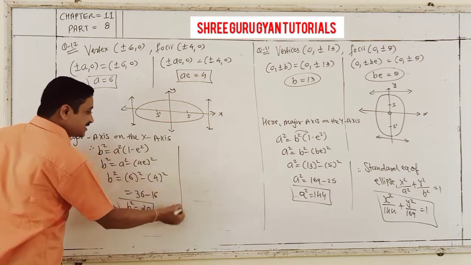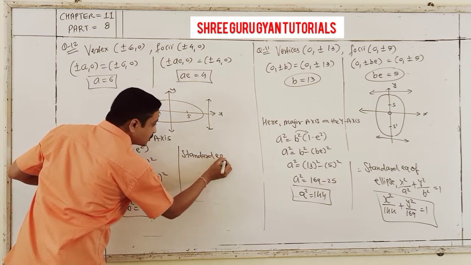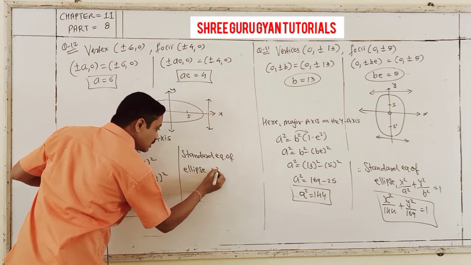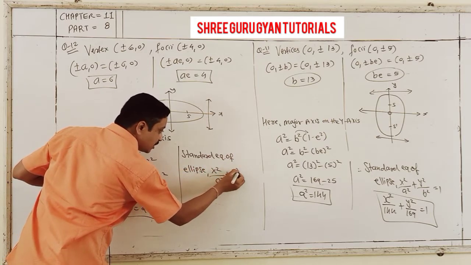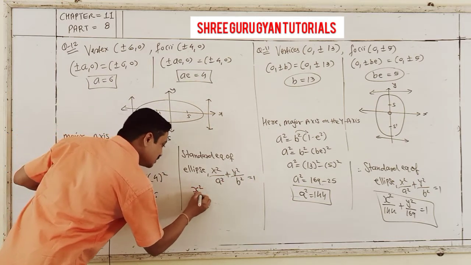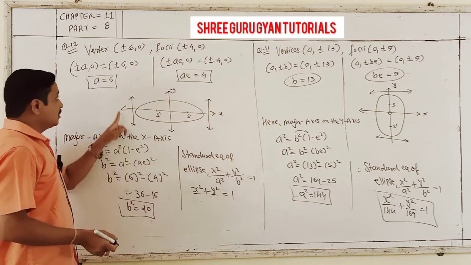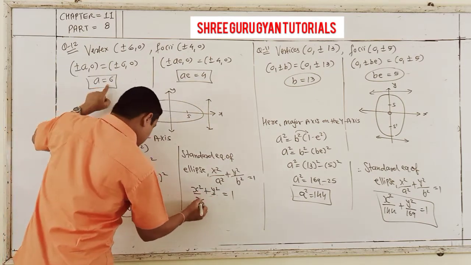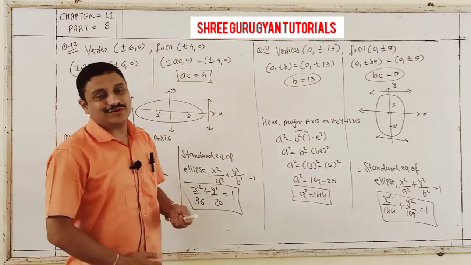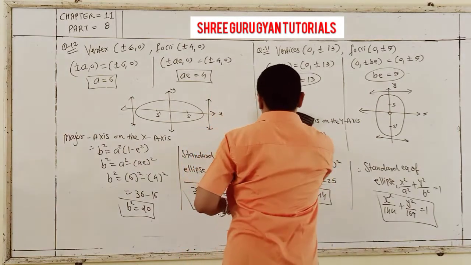So last answer, students, standard equation of ellipse x square by a square plus y square by b square is equal to 1. You put down both values: a square 6 square, then 36, y square 20. That is your second equation also happily done. Now continue, students, question 13.